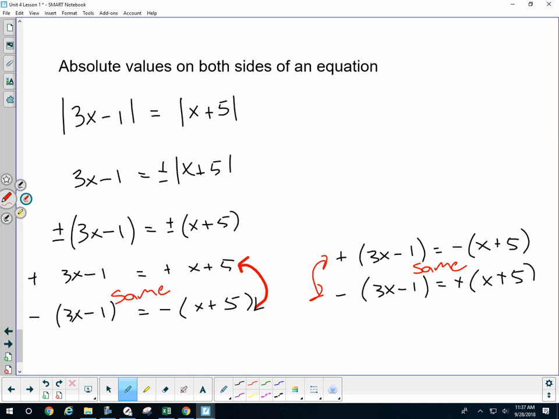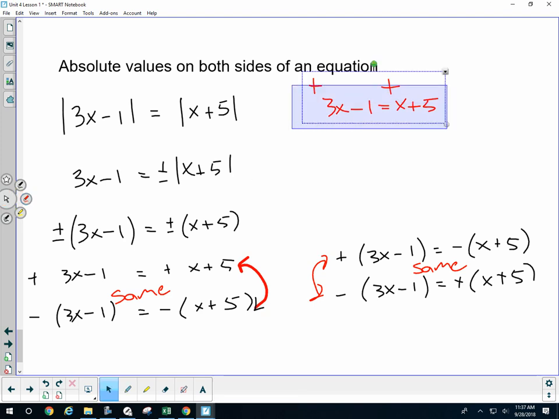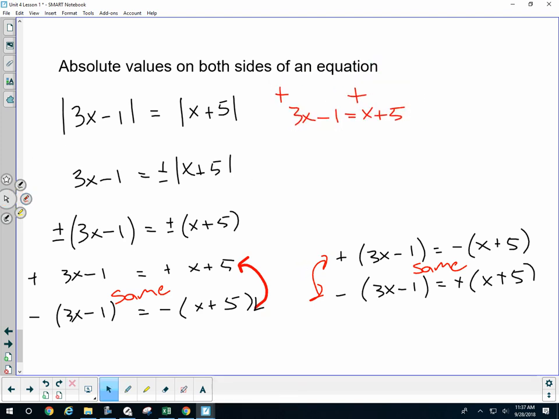When you have absolute values on both sides of an equation, we need to worry about setting the two sides equal to each other as positives, and then setting the two sides equal to each other with one being positive and one being negative.